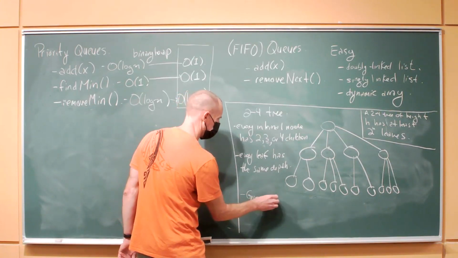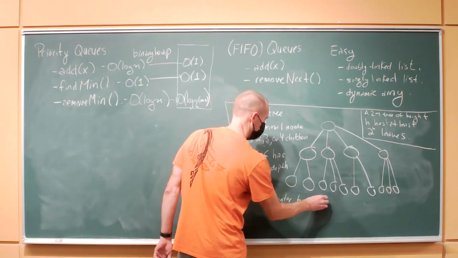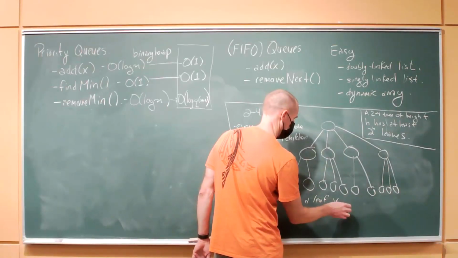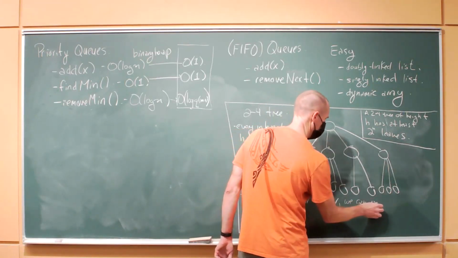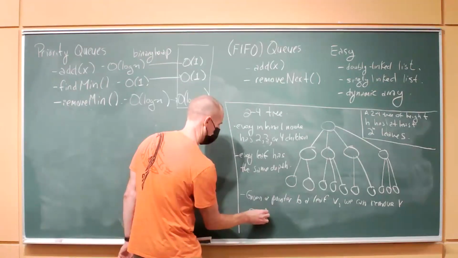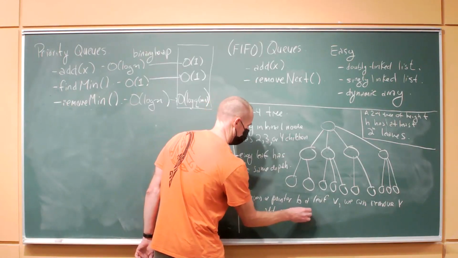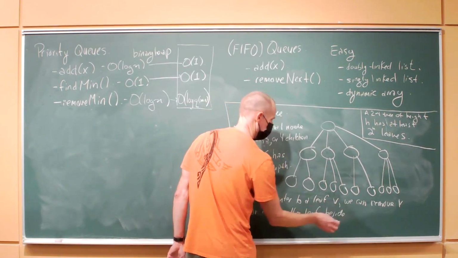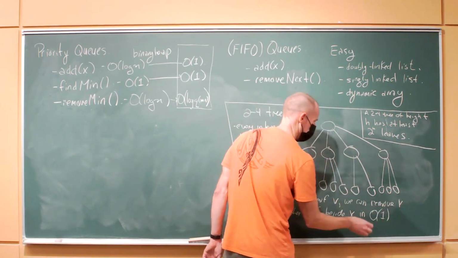Given a pointer to a leaf, let's say V, we can remove V or add another leaf beside V in constant amortized time.